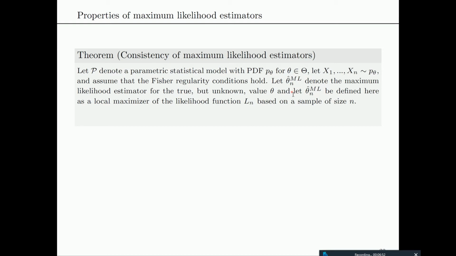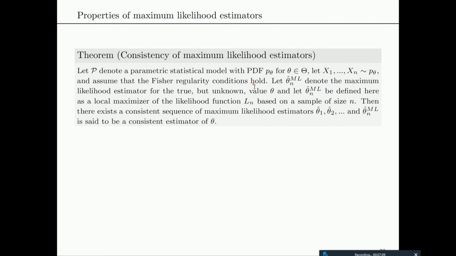That really goes into mathematical subtleties based on conditions that you need in the proof. On the other hand, I had an earlier version of this lecture where this second hour was basically: the maximum likelihood estimator is consistent, so there exists a consistent sequence of maximum likelihood estimators, and this is said to be a consistent estimator. For proof, see that book.